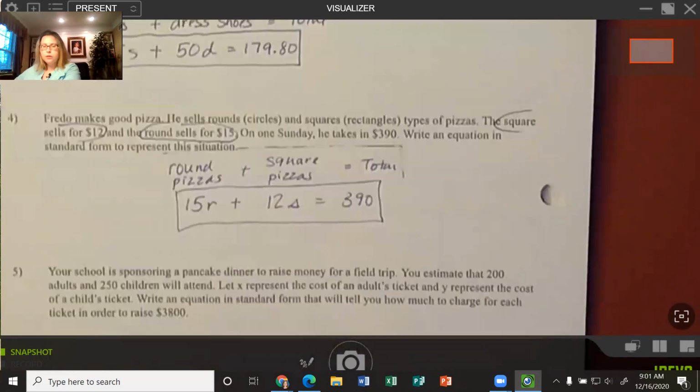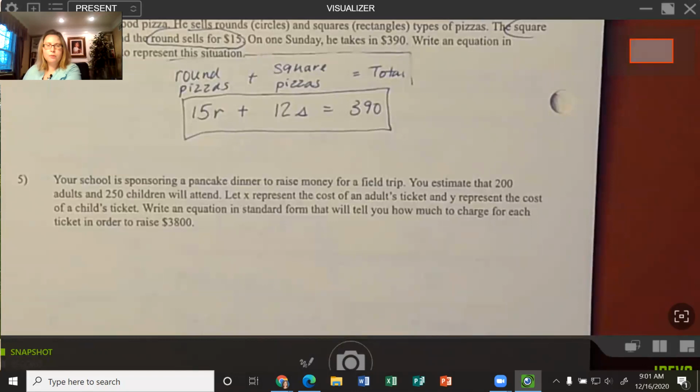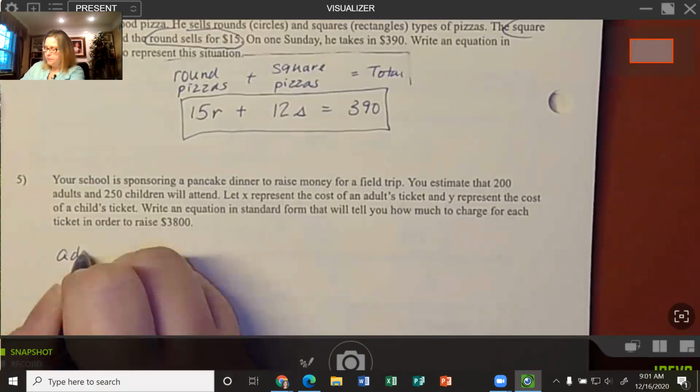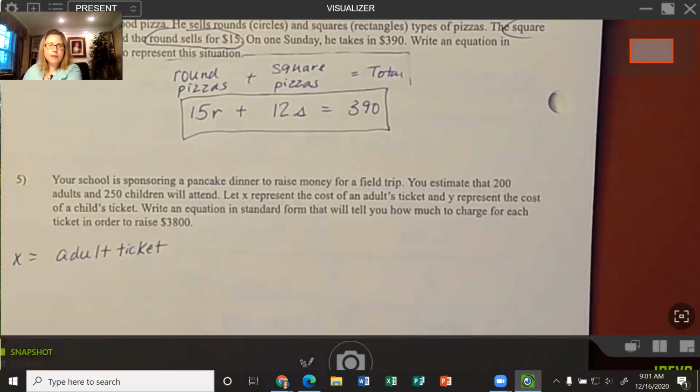Number 5, your school is sponsoring a pancake dinner to raise money for a field trip. You estimate that 200 adults and 250 children will attend. Let X represent the cost of an adult's ticket. So here's our key. And let Y represent the cost of a child's ticket.